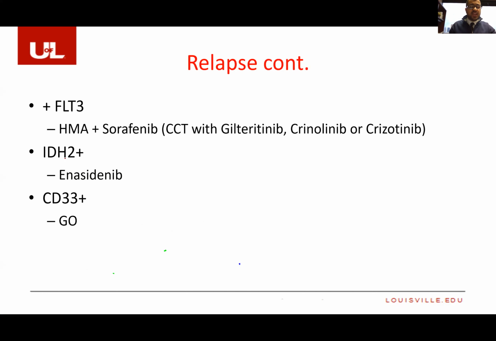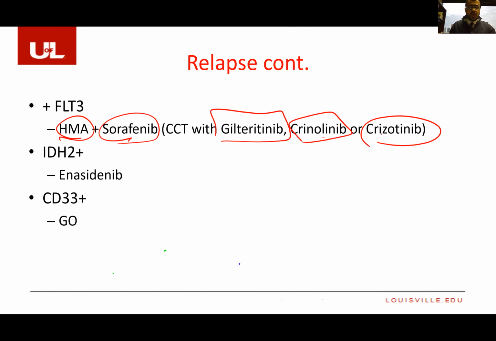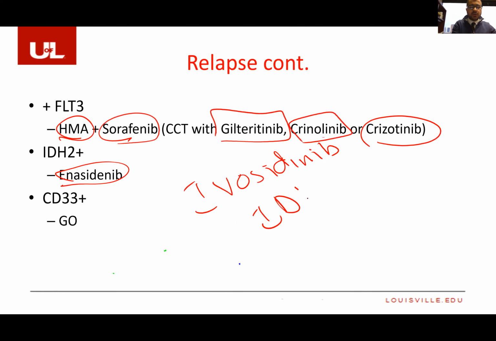If they have a FLT3 positive, you can use hypomethylating agents. And I would not use this. I would try to get them on a clinical trial with gilteritinib, crenolanib, or crizotinib. IDH2 is enasidenib, and please also don't forget, and that's my bad, ivosidenib, which is an IDH1 approved drug currently.